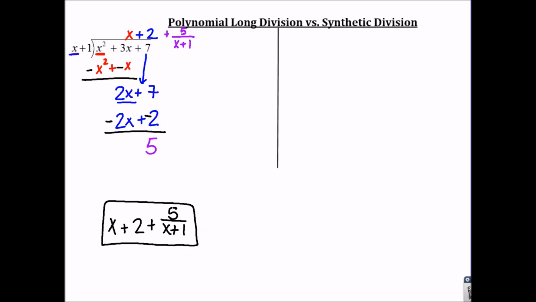So this will work. So when I do my synthetic division, I'm doing x squared plus 3x plus 7 divided by x plus 1. So I'm going to start off with the coefficients from that quadratic, x squared plus 3x plus 7, which the coefficients are just 1, 3, and 7.